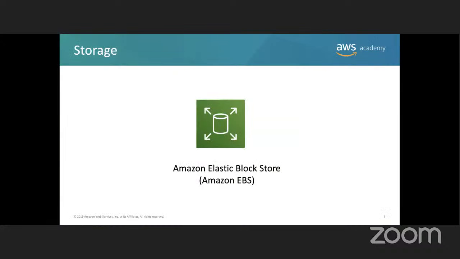Okay, well, what EBS does is provide persistent block storage volumes for use with Amazon EC2 instances, right? And you can also use EBS volumes with RDS, right? But mostly they're used with EC2 instances.